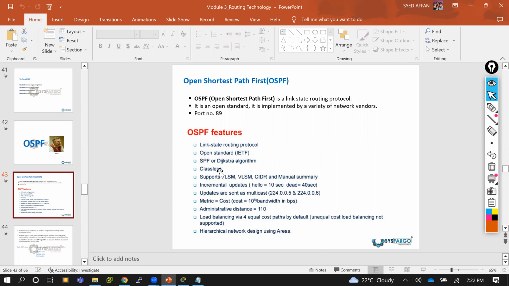Of course, you can play a DVD, and in the same player you can also play a CD. That's how classless works: it supports VLSM, and it also supports FLSM. If it is classful, then it supports only FLSM.